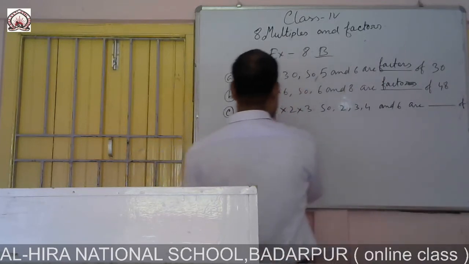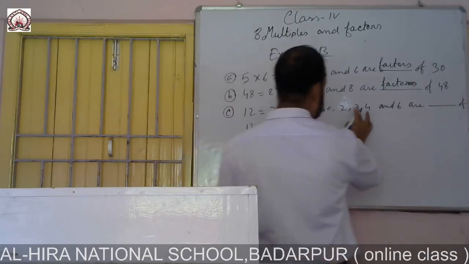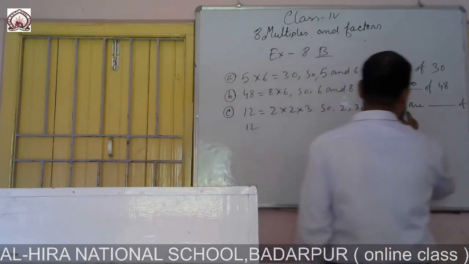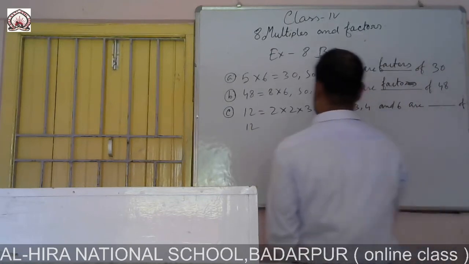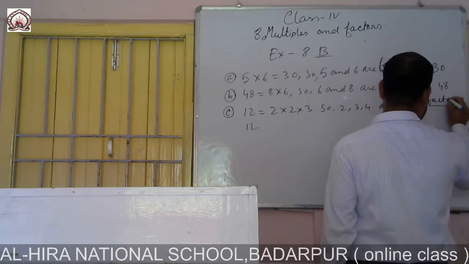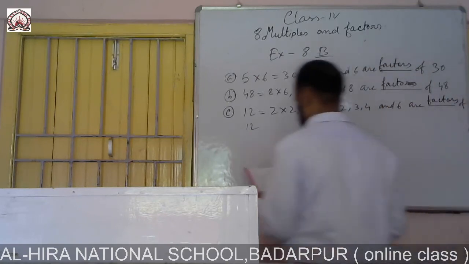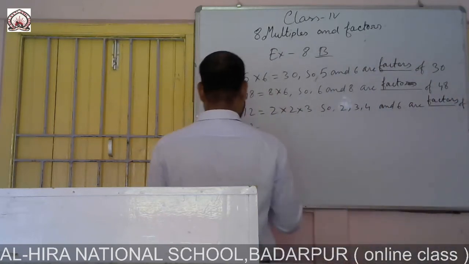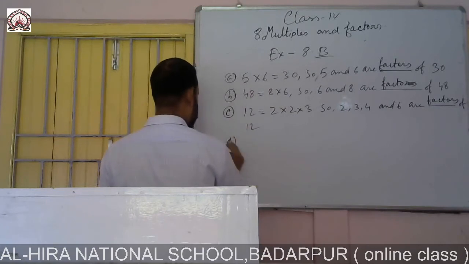So here 12 equal to 2 into 2 into 3. So here 2, 3, 4 and 6 are the factors of 12. Question number D.